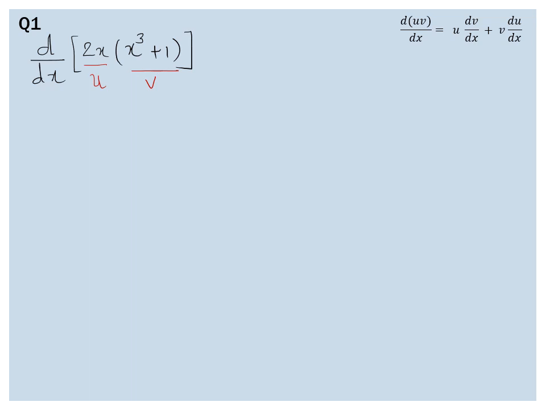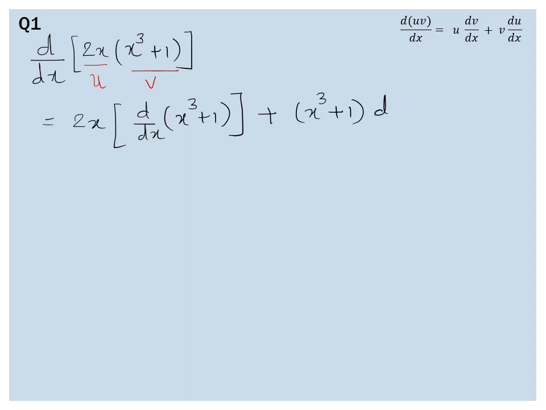So applying this formula, derivative of u into v equals u, that is 2x, into derivative of v, that is x cube plus 1, and plus v, that is x cube plus 1, into derivative of u, that u is 2x.